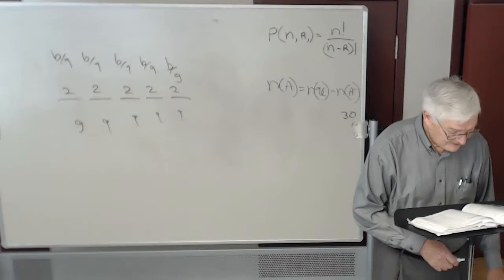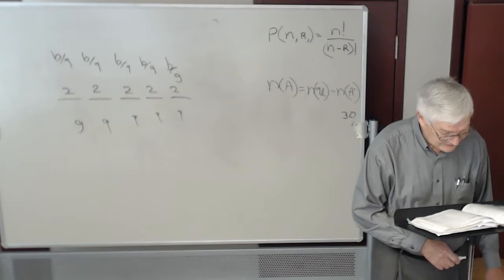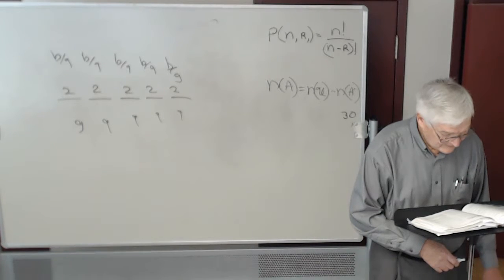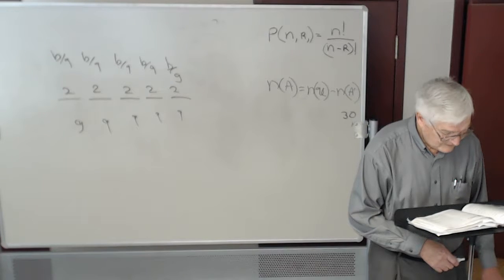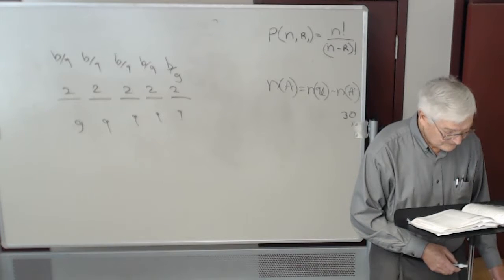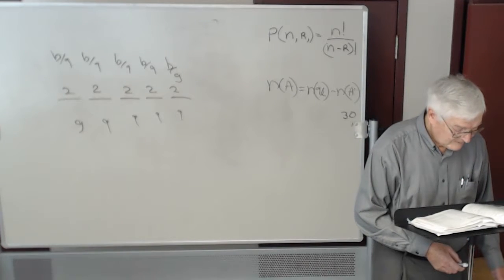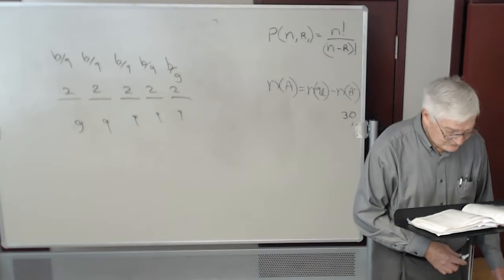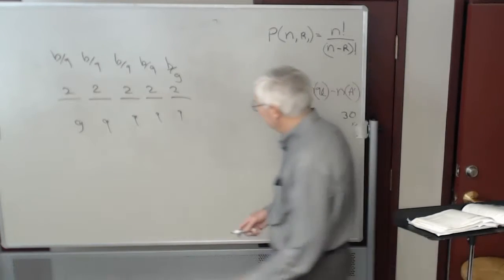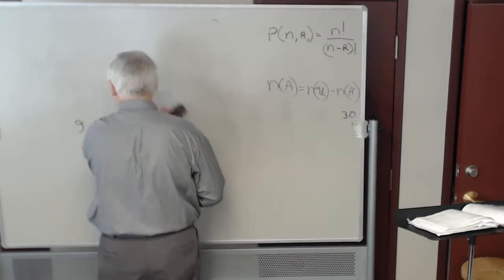In how many ways can at least one die come up a 6? At least one die. So that would be, I can have 1 6. I can have 2 6s. Maybe I'll draw a picture of that one.